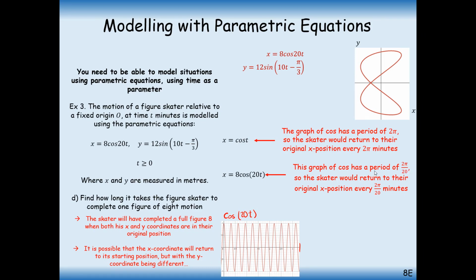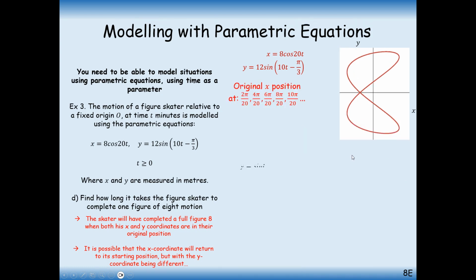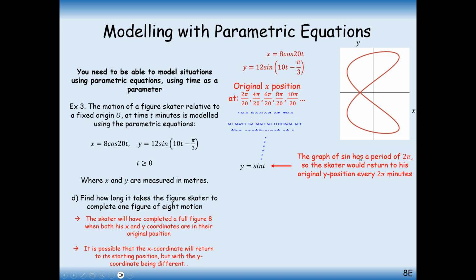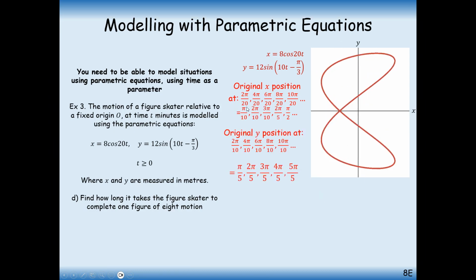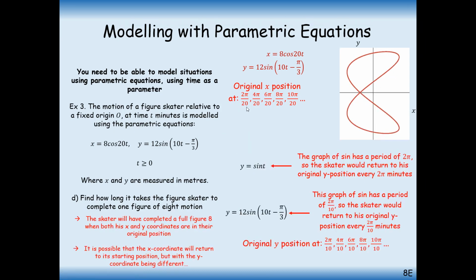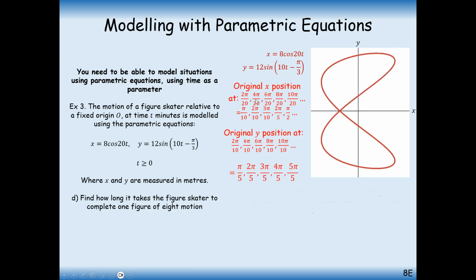Now, which one is larger, 2 pi over 20 or 2 pi over 10? 2 pi over 10 is the period for the sine curve, so the sine curve will complete its turn at 2 pi over 10. Putting these values here, the 2 pi over 20 is for x, and the 2 pi over 10 is for y.